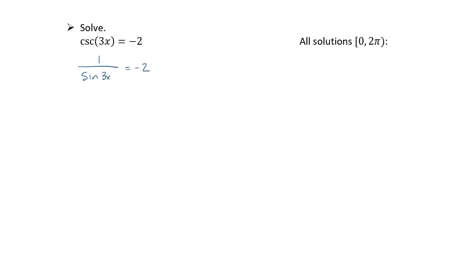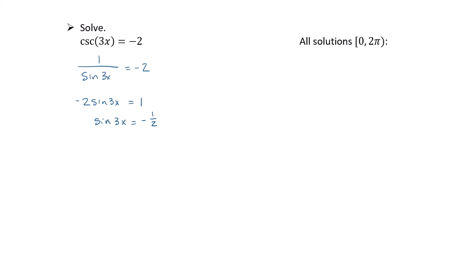That equals -2. Now, if I would multiply both sides by sine of 3x, I would have -2 sine 3x equals 1. And then dividing both sides by -2, I have sine of 3x equals a -1/2.